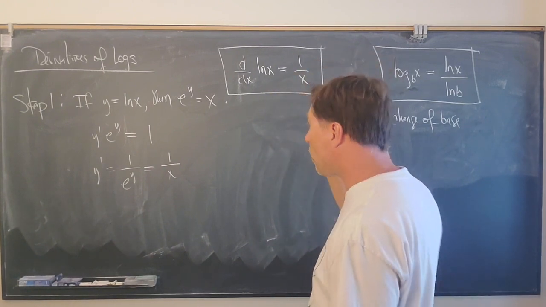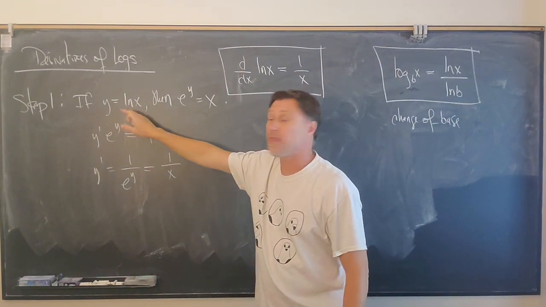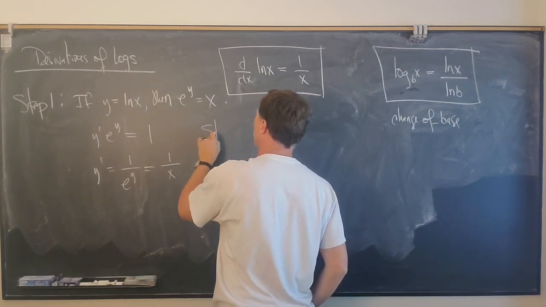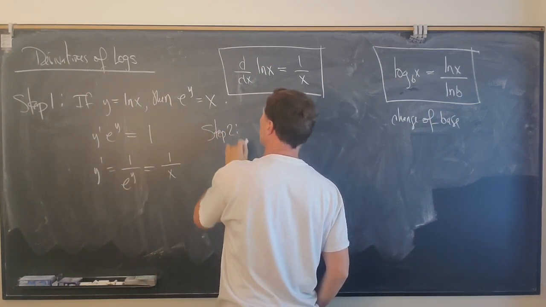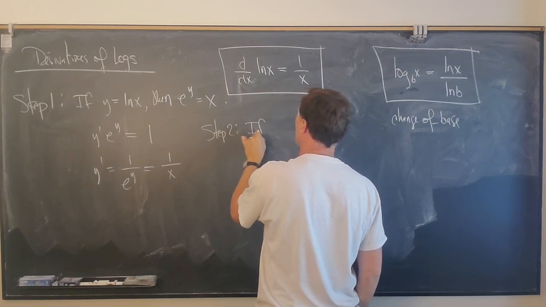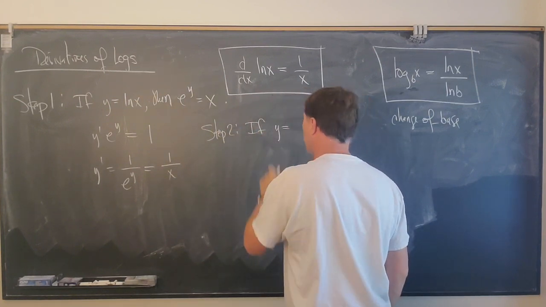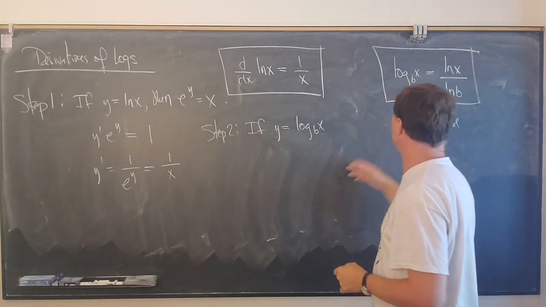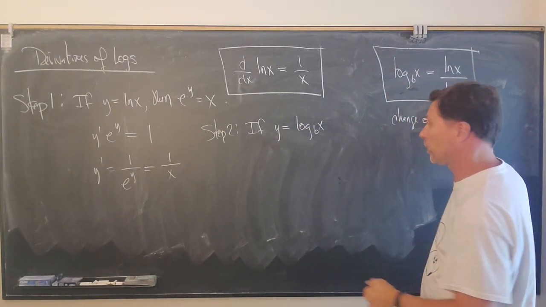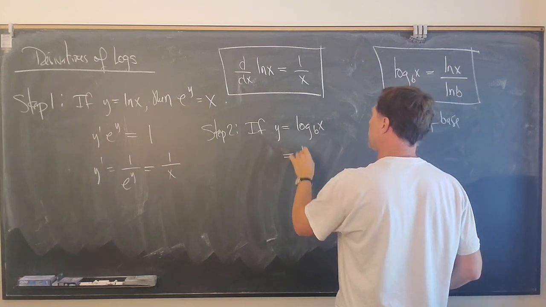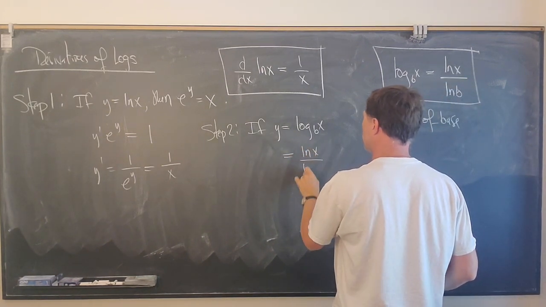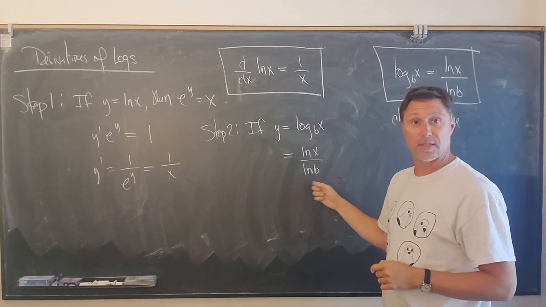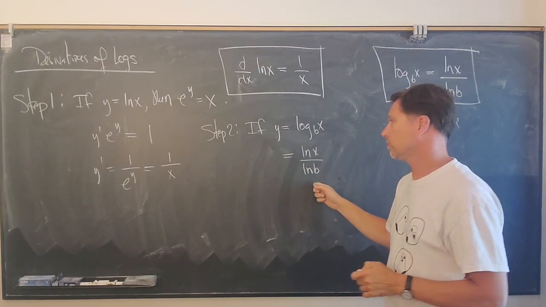Okay, so we've found a formula for the derivative in the case that we have base e. We do want to generalize this, so let's look at step 2. If we have y equals log base b of x, then we apply our change of base formula. That's equal to the natural log of x divided by the natural log of b. Be aware, b is a constant, so the natural log of b is a constant.